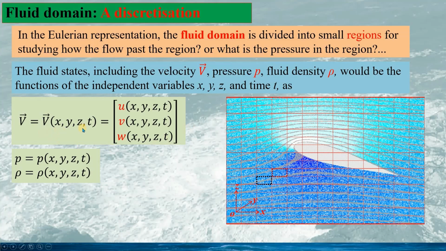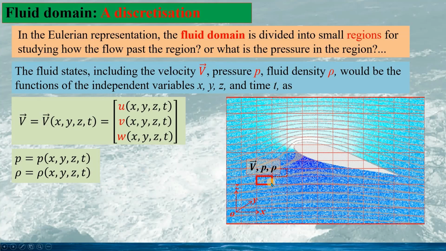So vector v would be given as the function of x, y, z, and t, with the component u on the x-axis, v on the y-axis, and w on the z-axis. The pressure and the density are the scalar, so they expressed as the functions of the independent parameters x, y, z, and t.